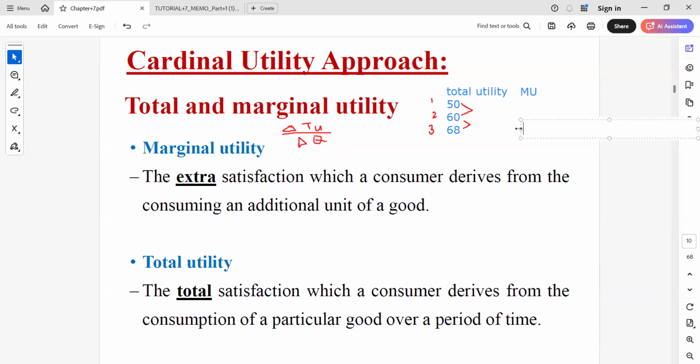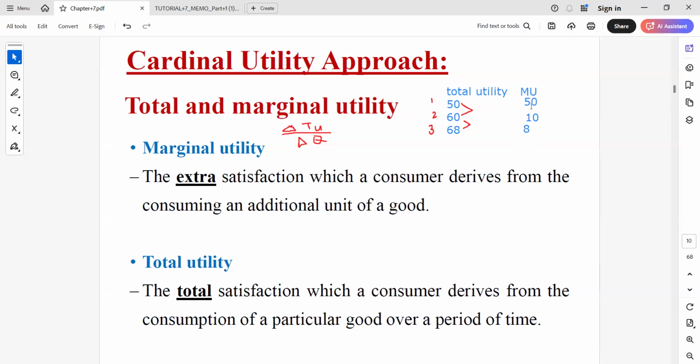So you get 50, 10, and 8. This is your marginal utility, and this is your total utility.